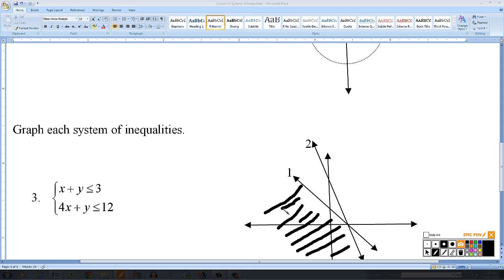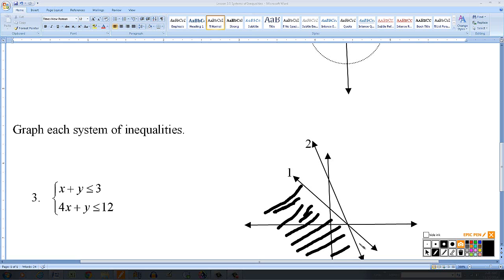Okay, because I want the region that's below boundary 2 at the same time below boundary 1. Okay, this portion right in here is not below boundary 2, so that one is not shaded. Okay, it has to be common to both.